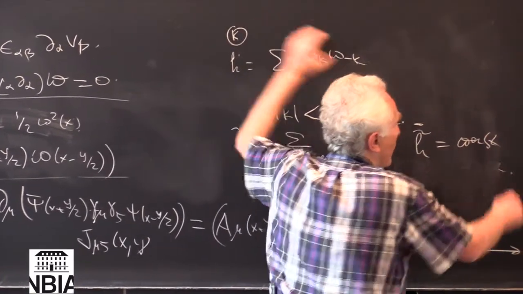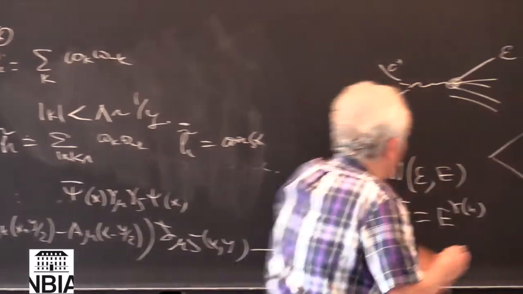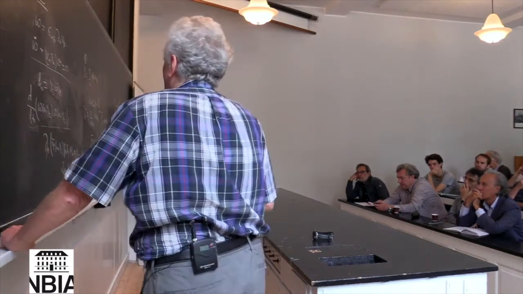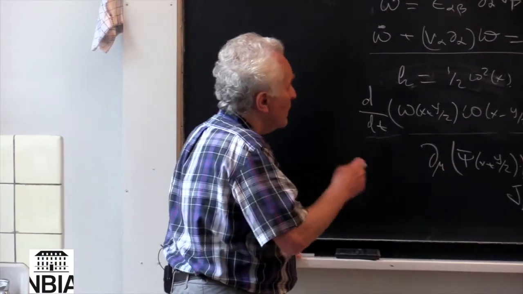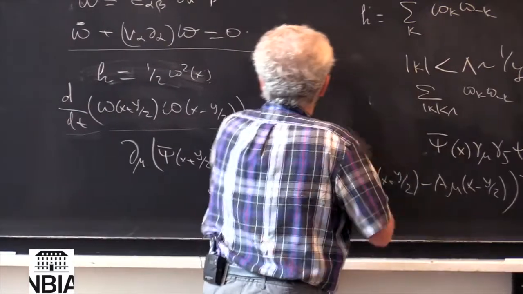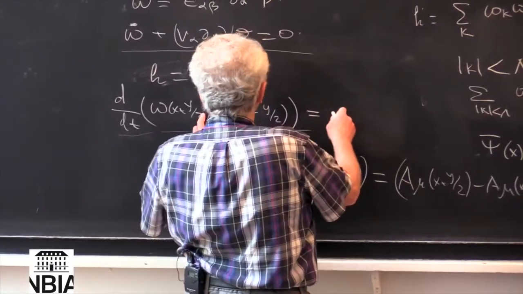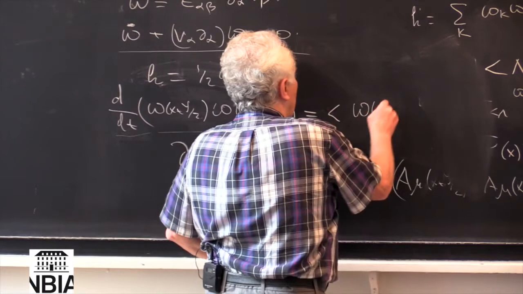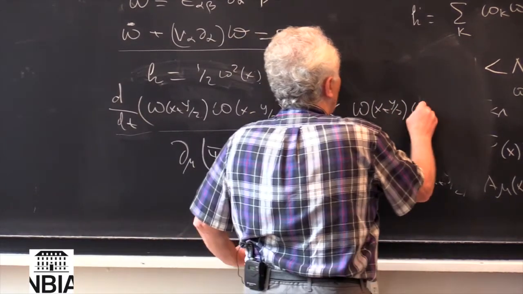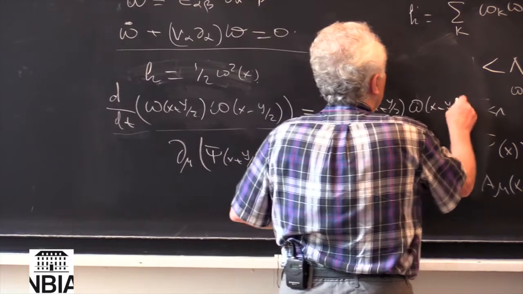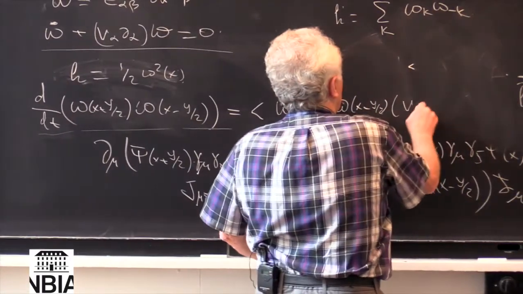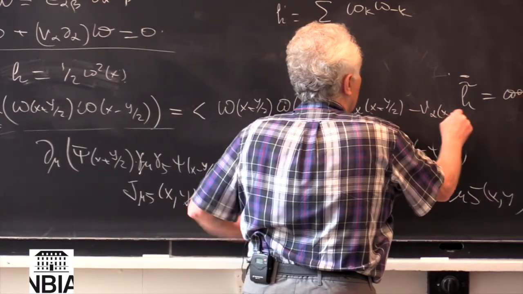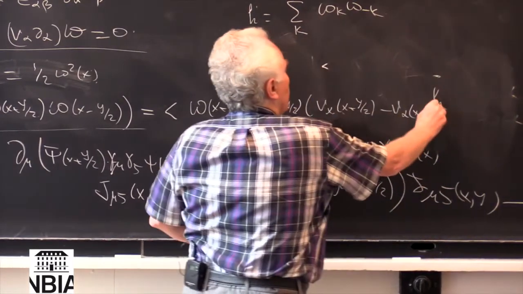There will be a flux coming from the generation from the external forces. So anyway, if you calculate it, you get a very simple result, which is that it will be equal to omega of (x plus y)/2, omega of (x minus y)/2, multiplied by the alpha of (x plus y)/2 minus the alpha of (x minus y)/2.